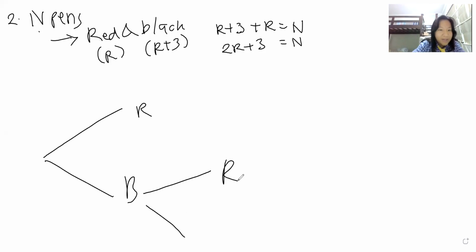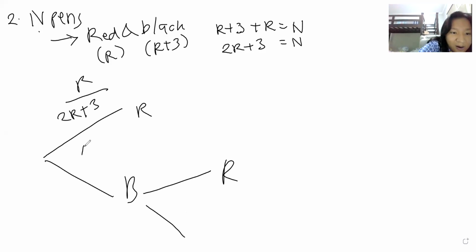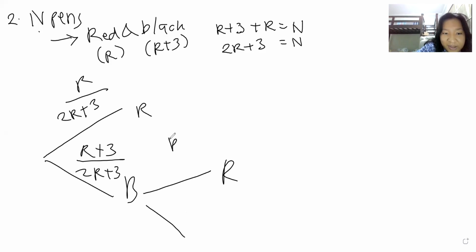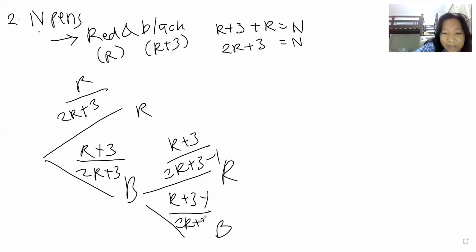This is R over the number of pens, 2R plus 3. This one is R plus 3 over 2R plus 3. If one is already taken, then you can just write R plus 3 over 2R plus 3 minus 1. This also applies to this one. R plus 3 minus 1 over 2R plus 3 minus 1.